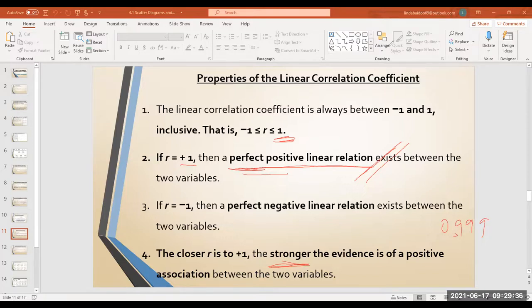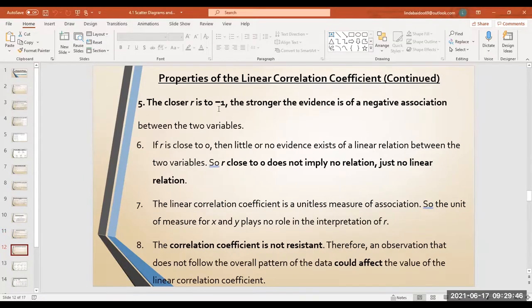And if it is very close to negative one, like negative 0.99999, we say the stronger the evidence of a negative association between the two variables. So these are just properties of the linear correlation.